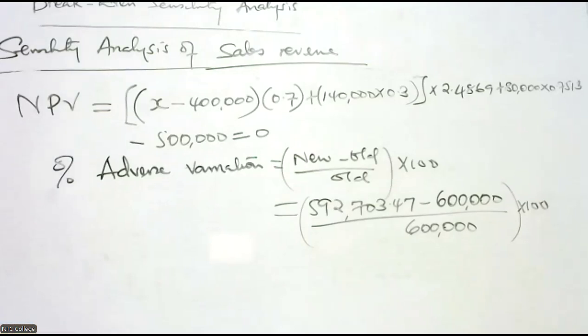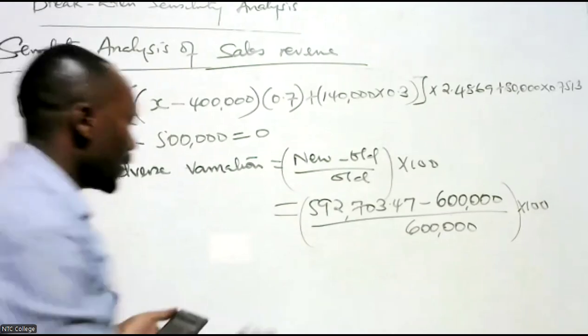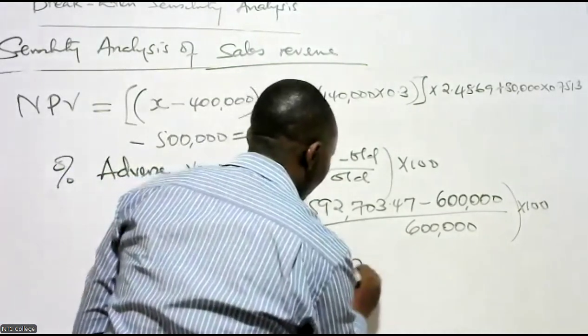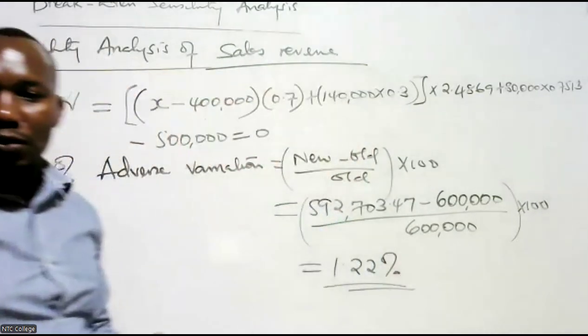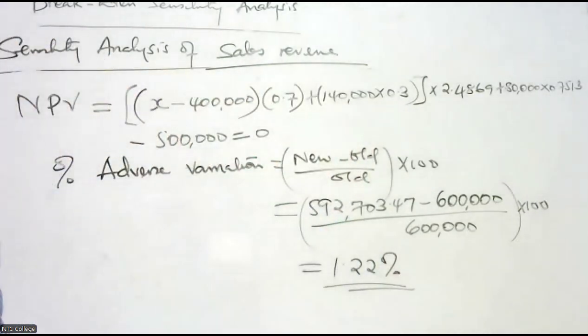I'm getting something like 1.22%. Thanks so much. Yes, Violet is even more accurate. 1.26. Actually, it is 1.216. So you're right. Thanks so much.